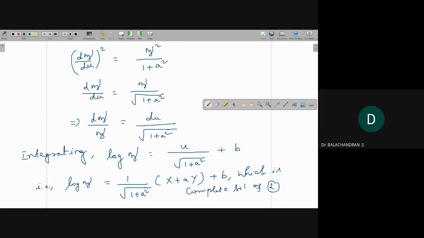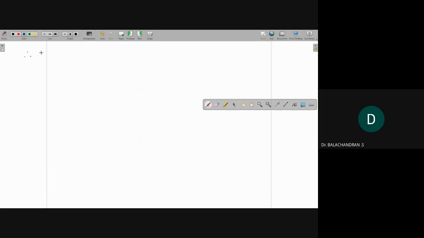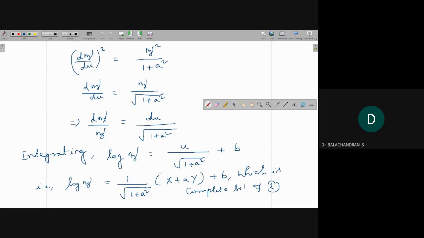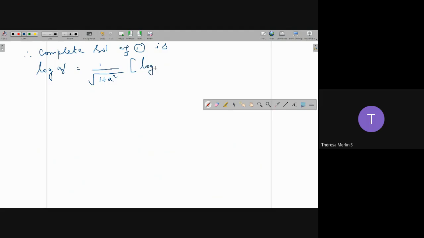Therefore, the complete solution of equation 1 is log z is equal to 1 by root of (1 + a²) into (log x + a log y) plus b.